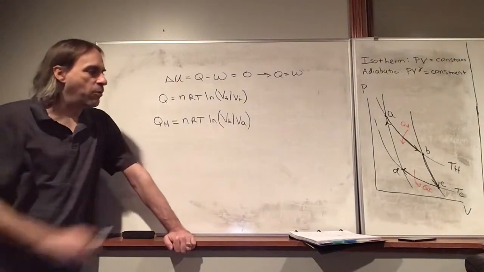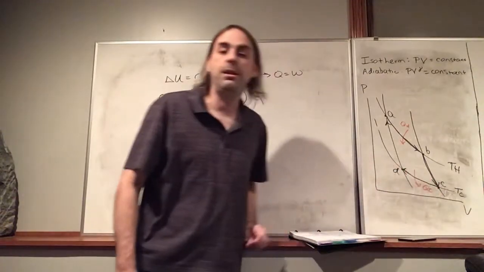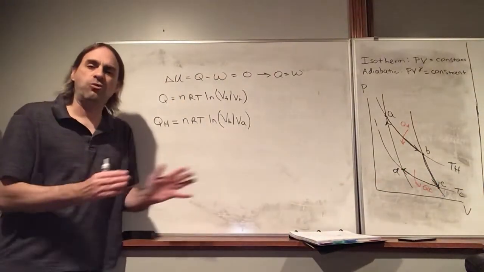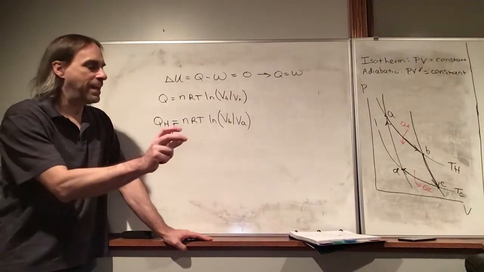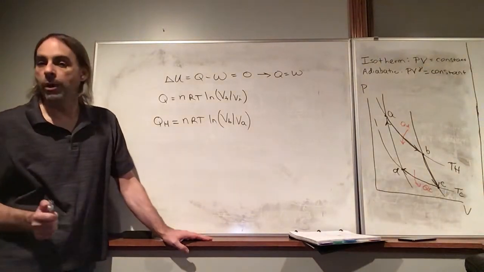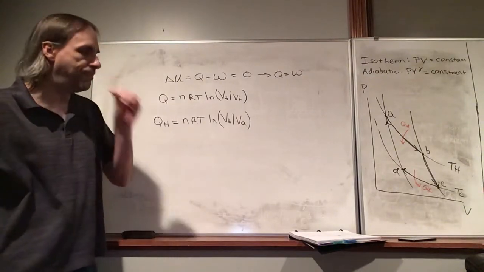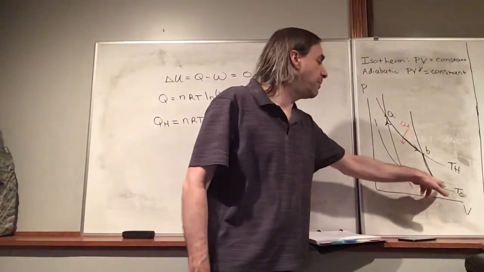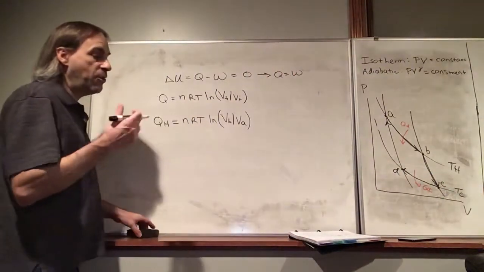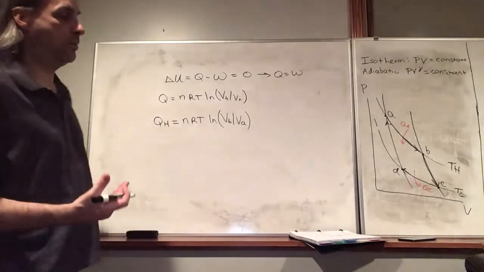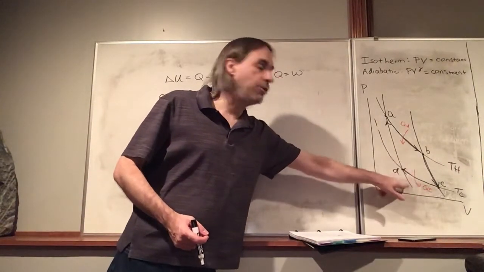Now, there's kind of different ways we could look at the next isothermal process from C to D. And it turns out the direction we're going doesn't actually matter. But why don't we look at it the way it's actually going? So we could just put an absolute value sign on it, but let's look at what it's actually doing, because we're going from C to D. However, QC is going to be negative now, because heat is flowing into the reservoir here.